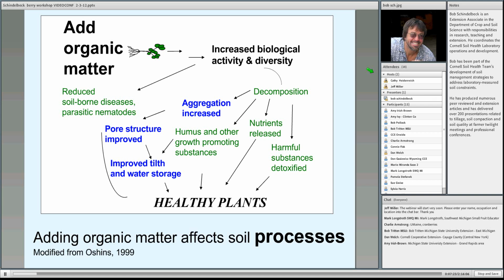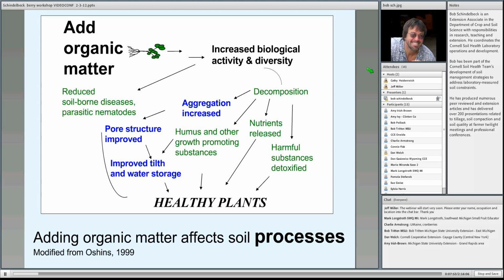But at the same time, now we need to think also as managers. So when we say add organic matter and all these processes are affected, well, certainly different organic matter could affect some of these processes more than other organic matter. Be it the character of the organic matter, the age of it. Do we stir it in? Do we apply it to the surface? Do we grow it in as a green manure, etc.? So that's where we'll go today.